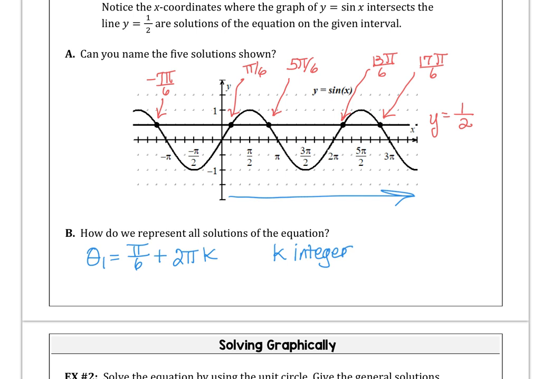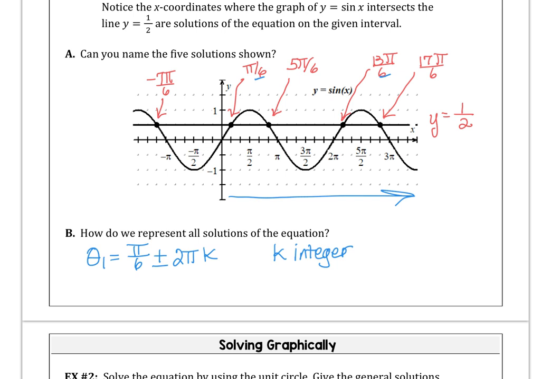And that way, we could get both left and right by substituting k is 0, 1, 2, and so forth. So we get pi over 6 and 13 pi over 6. That would be this one and this one.